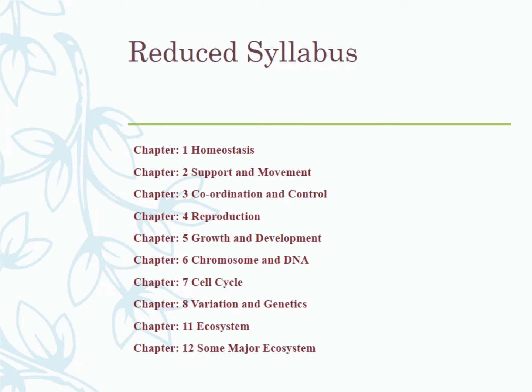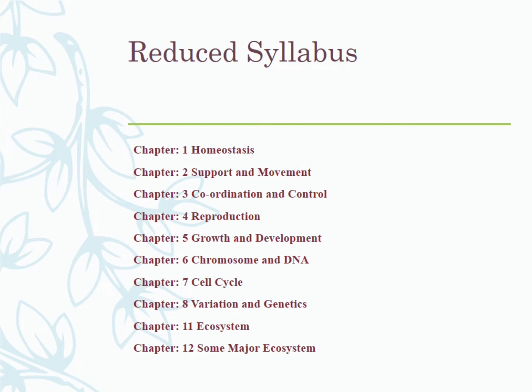Like chapter number 4, that is reproduction. Few topics are included, like asexual and sexual reproduction in plants, pollination, double fertilization, and types of germination, although it is a very lengthy chapter.